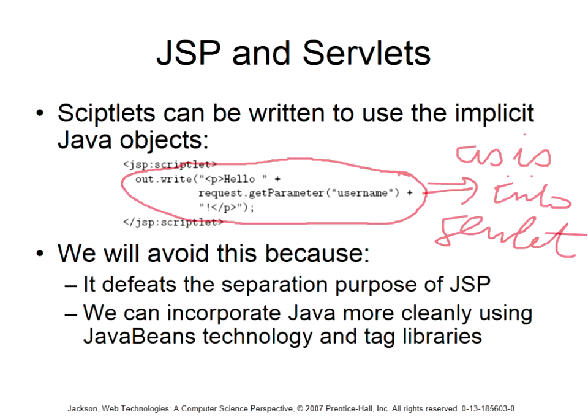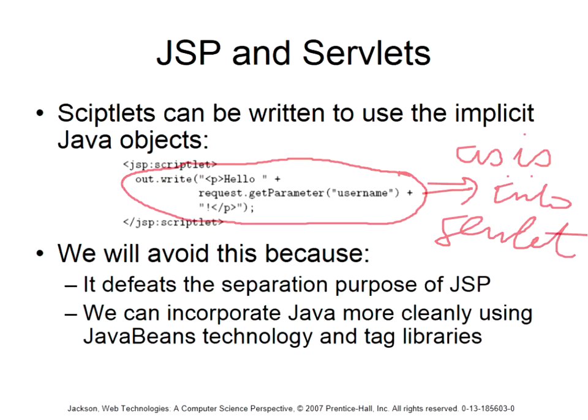Yes, of course. Here we discuss how a GSP file can be translated into a servlet. Here we discuss the manner used by Apache Tomcat to translate a GSP file to a servlet.